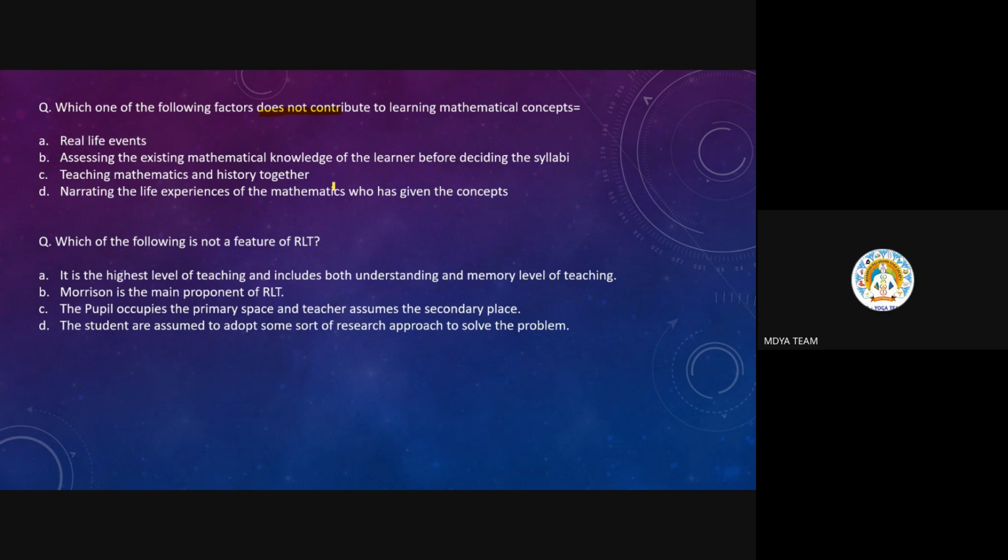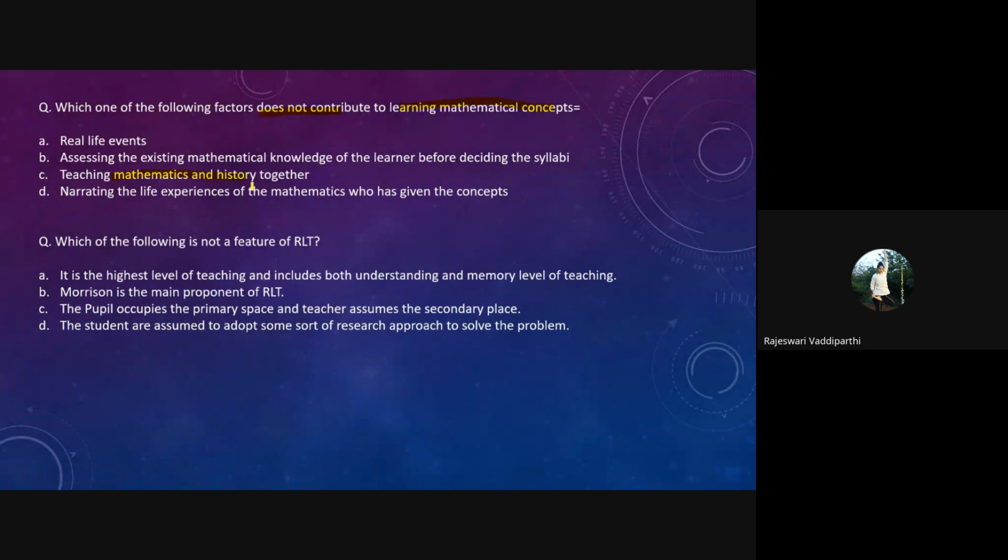Just look at this option: teaching mathematics and history. If you are teaching mathematics and history together, does this have any contribution to learning mathematical concepts? Does it help to learn the mathematical concept more easily? Actually, ma'am, I thought of that.